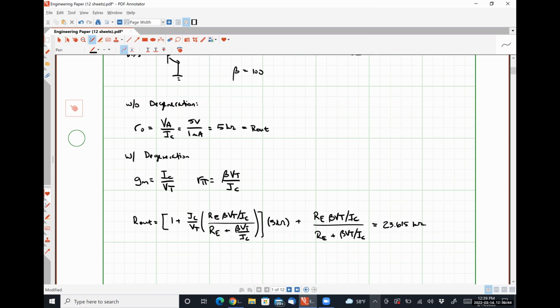The 100 ohm resistance causes the output resistance to increase by a factor of almost 5-fold. All right. So we go from an output resistance of 5 kiloohms to an output resistance of 23.6 kiloohms. Okay. The principal drawback of this resistor degeneration scheme is the reduction in headroom seen at the output.